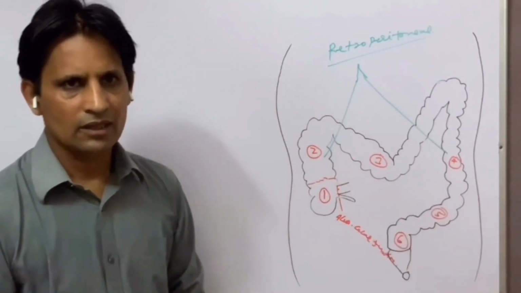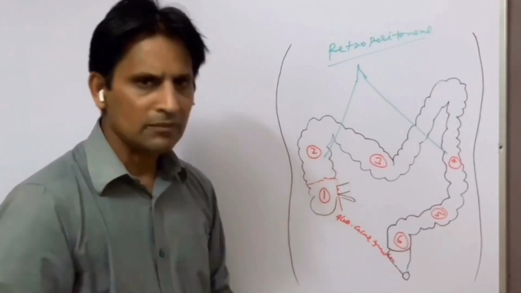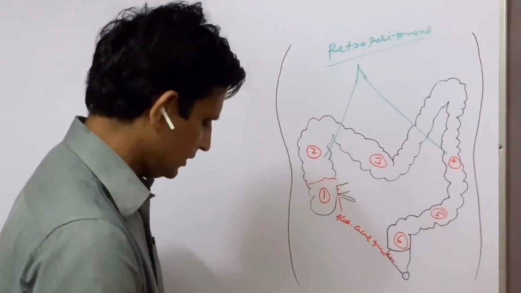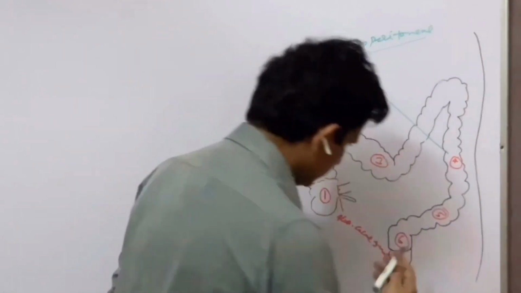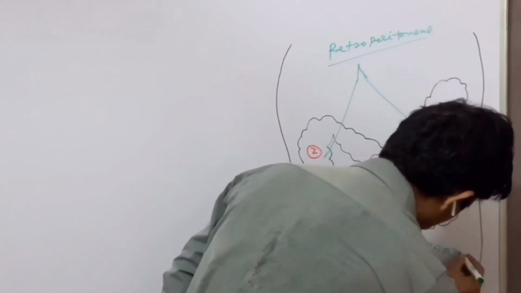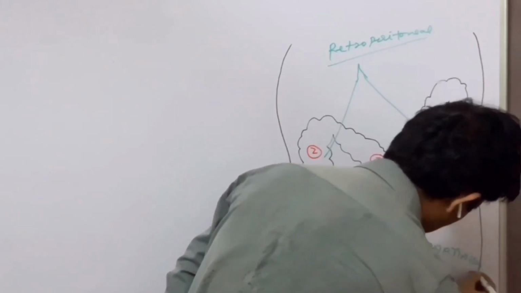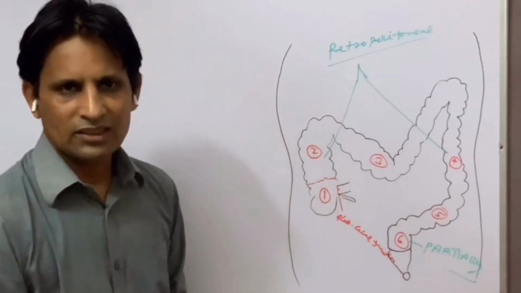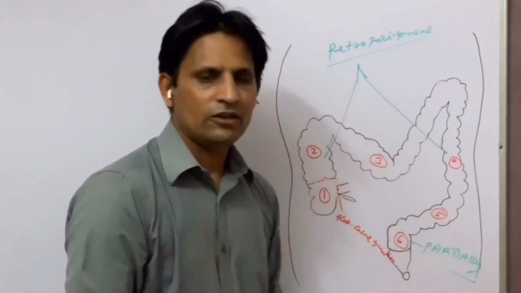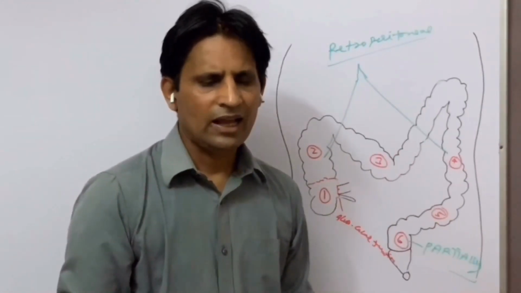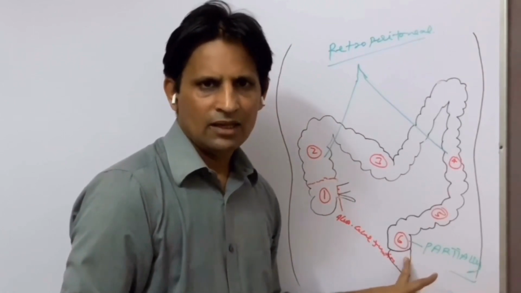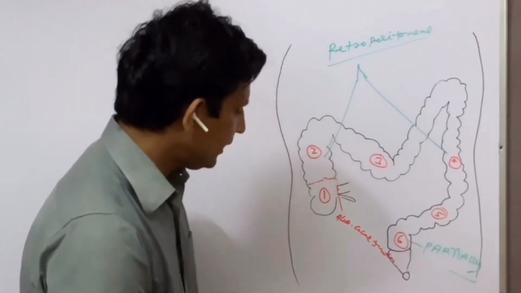Second one, the rectum. The rectum is partially covered with peritoneum. And the anal canal doesn't have any contact with the peritoneum. So this part doesn't come in contact with the peritoneum.